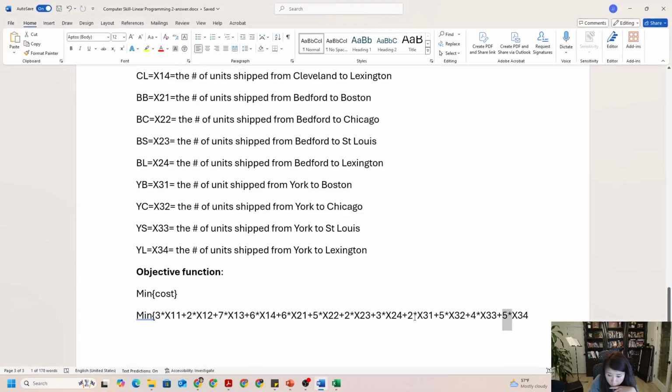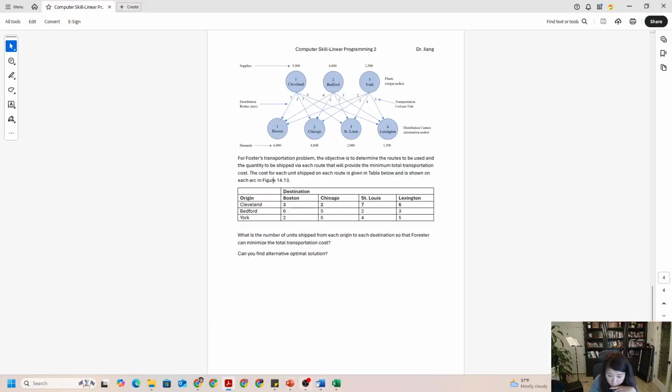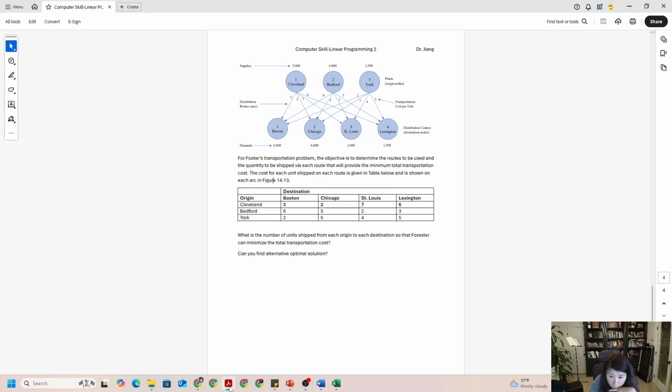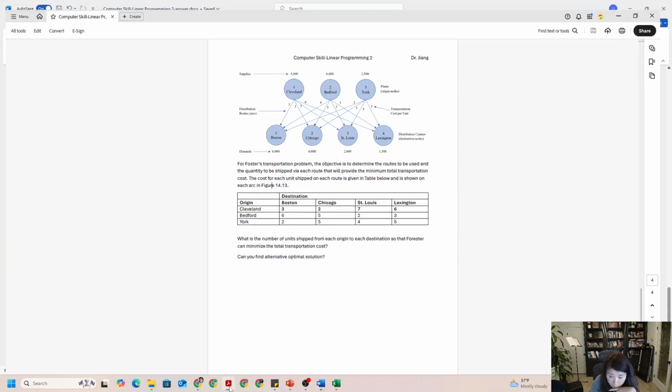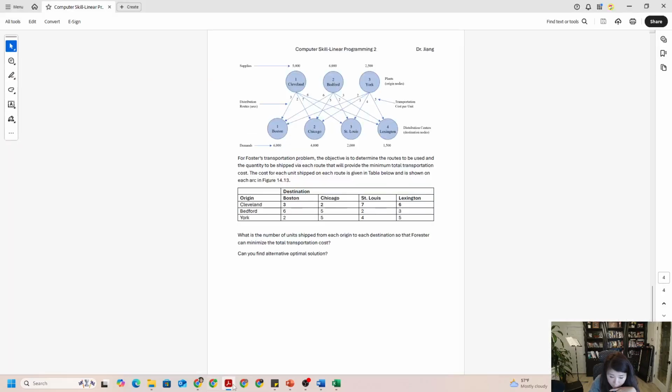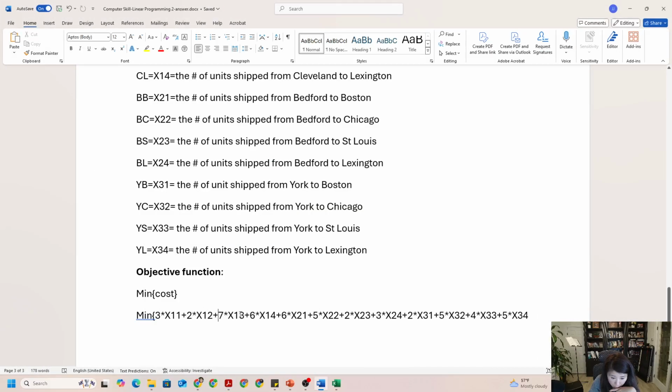Then 6526. Wait, what is the 4 here? 6523. Yeah, 6523. And 3276. Okay, so this is my objective function.